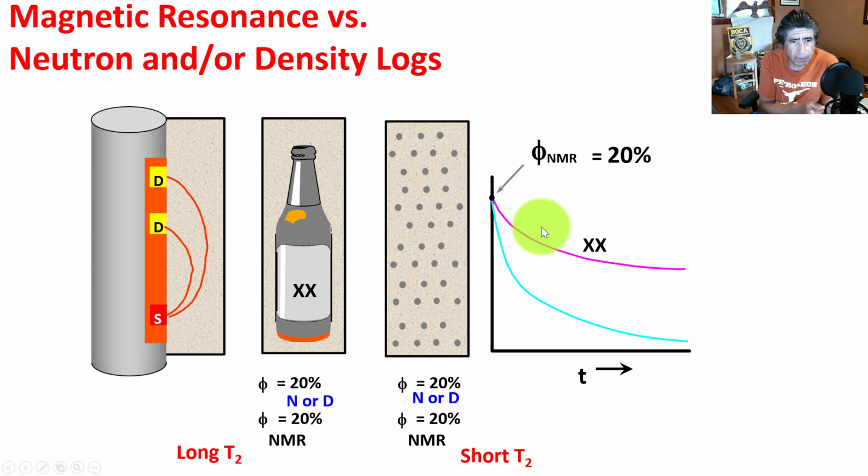So what we have is a situation where magnetic resonance is not only able to quantify the porosity of the rock, in this case the Dos Equis, and the rock with the same porosity but with small pore sizes, but also is able to quantify the average pore size because of the speed with which the magnetization will decay as a function of time.